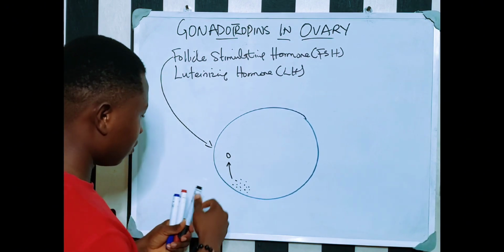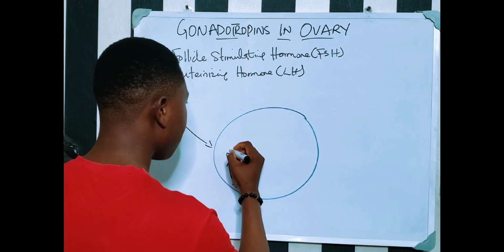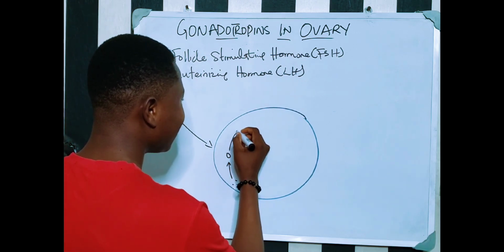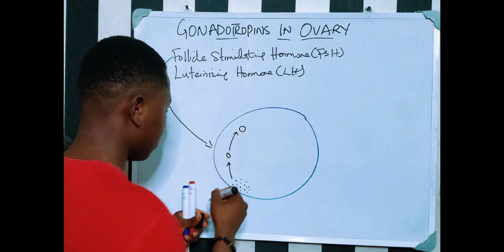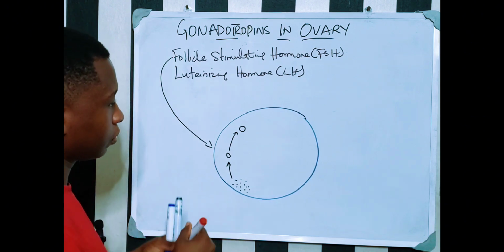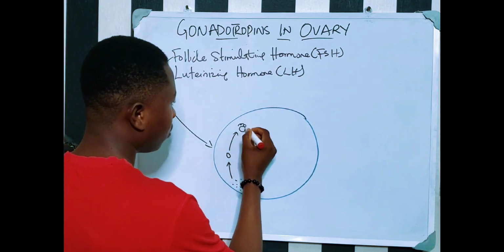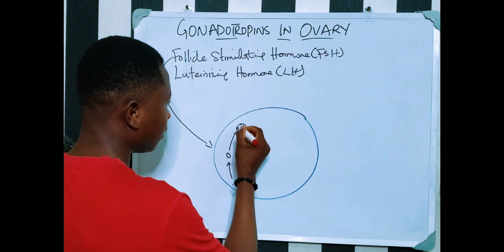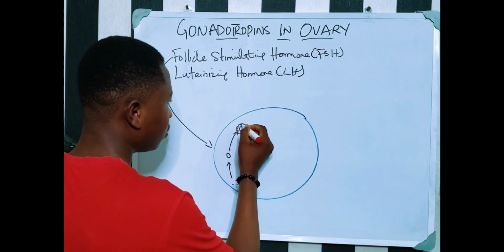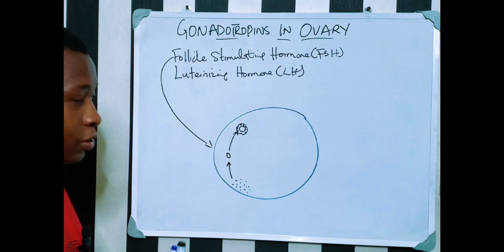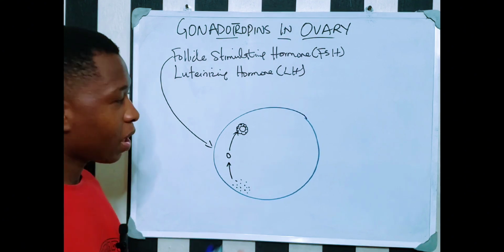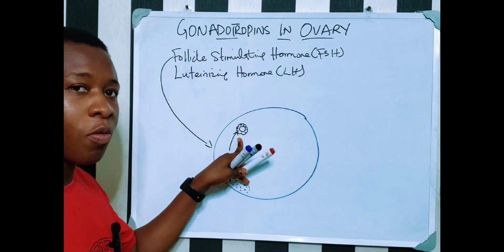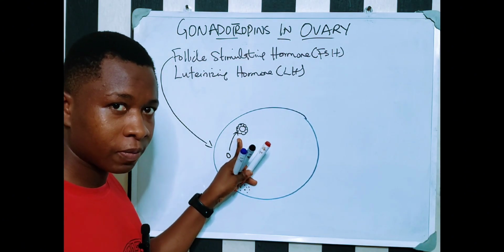So this will develop to form the secondary follicle with cells around it. And the function of these cells is to protect the egg. So this is the secondary follicle. At this stage, a particular hormone is produced.